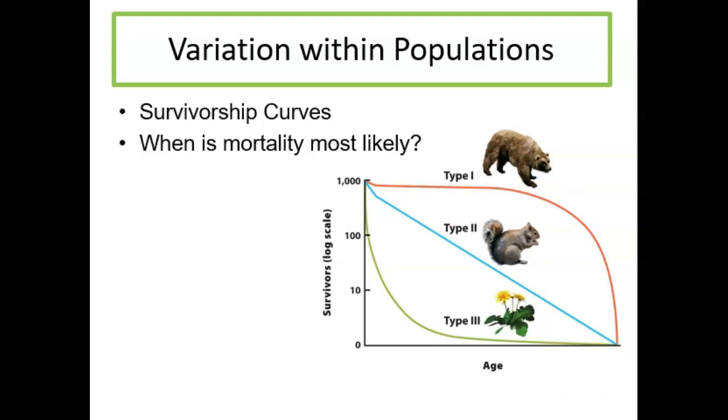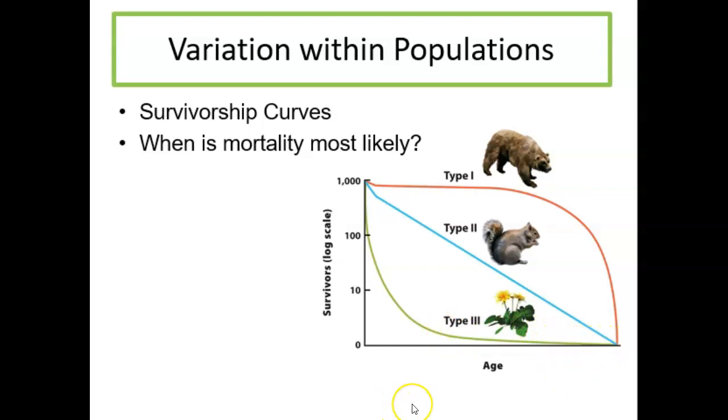But at some point, that little fish is going to grow up to be big enough that it's going to be less likely to be eaten. And so as it gets a little older, the chances of dying are going to drop dramatically. And then at some point, it's maybe going to be so large that nobody eats it, right? So that sort of life cycle would have this very strong mortality early on and then kind of level off.